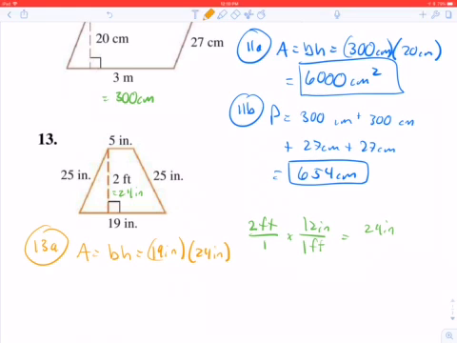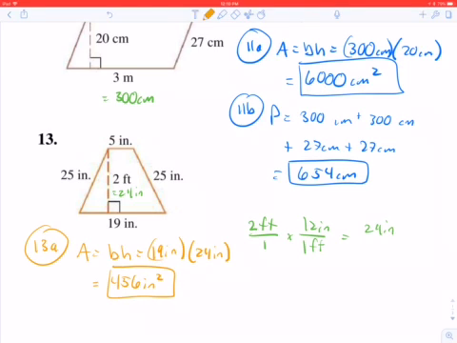Hey Siri, what's 19 times 24? 19 times 24 is 456. So it should be 456 square inches.